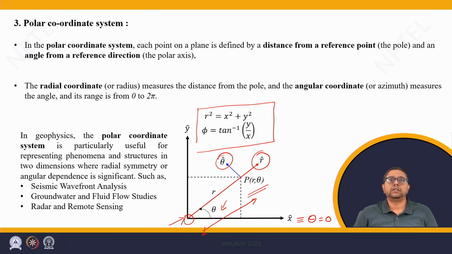Here, the box highlights the relation between the polar coordinate system and the Cartesian coordinate system. The distance from the origin r is the square root of x squared plus y squared.